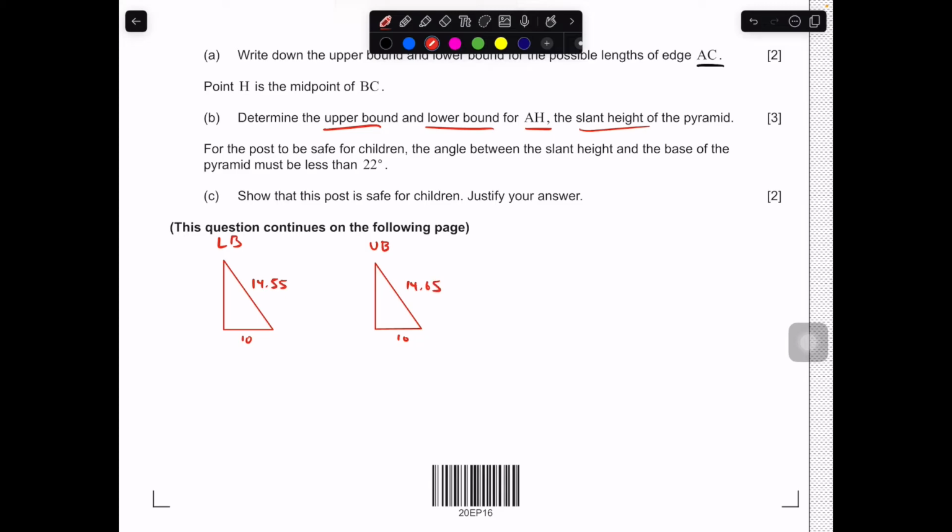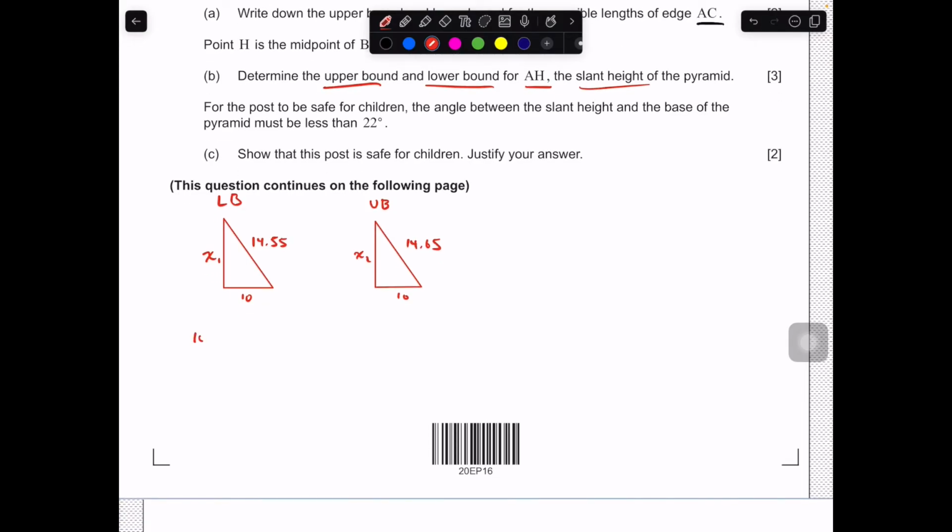So this is the lowest, and this would be the upper bound, the one on the right. And if we want to find this missing value, let's say this is X1 for lower and X2 for upper. Then we can just use our Pythagorean theorem.